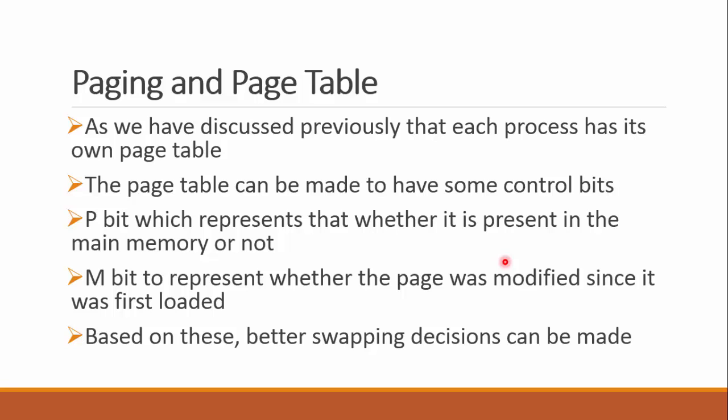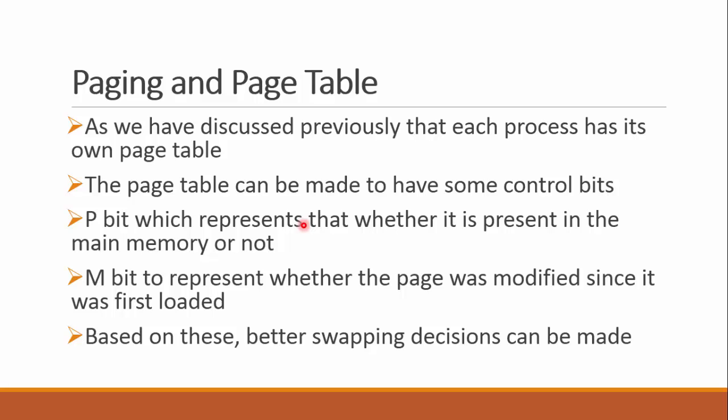All the information of which page is assigned to which frame is kept in the page table, and in the page table there is an additional P bit which can be kept to denote whether the page is in the main memory or not. It's in the secondary memory right now, so it needs to be loaded.